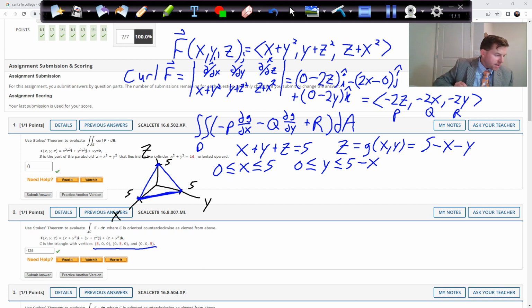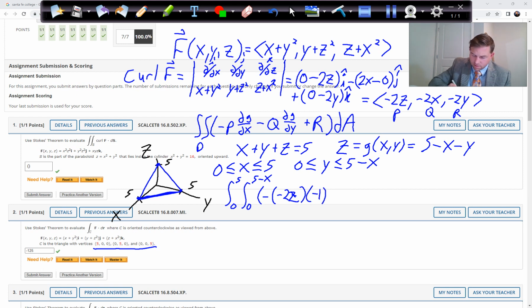Okay, so we're going to get the double integral of, so this will become 0 to 5, 0 to 5 minus x of negative P, which would be negative 2z, excuse me, times dg/dx. dg/dx is just minus 1.